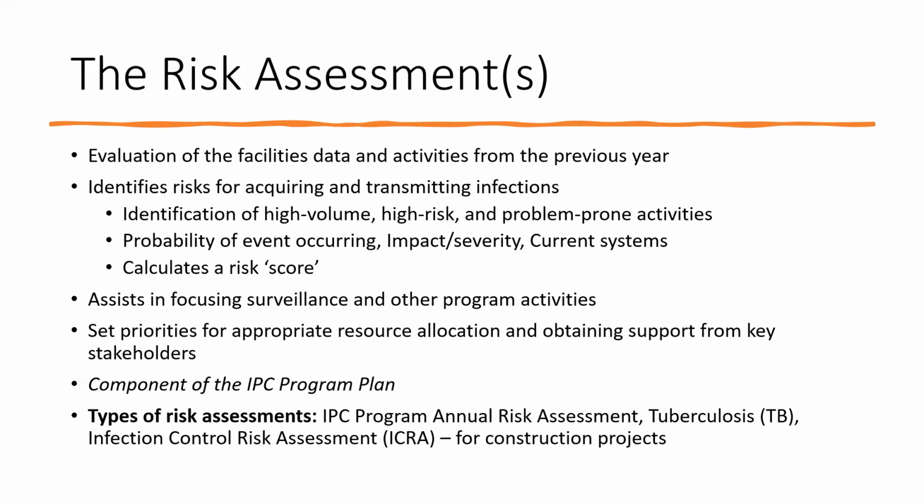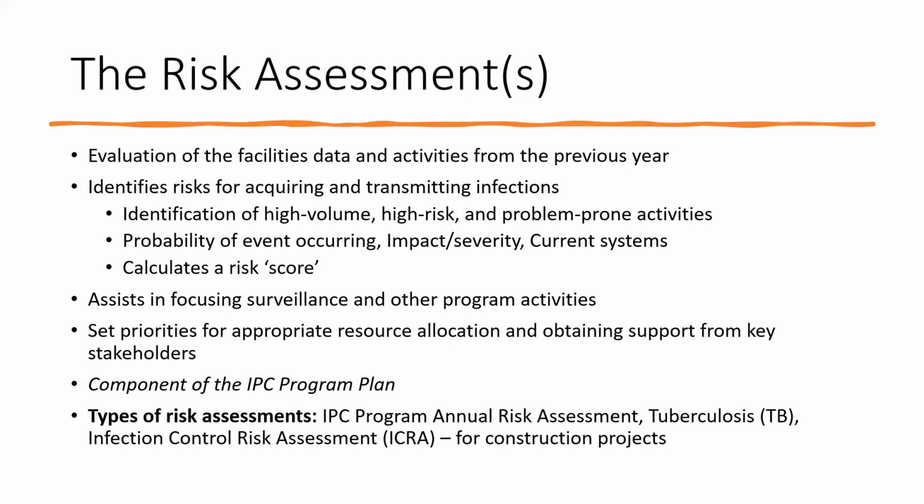It identifies risk for acquiring and transmitting infections. So it has a scoring system where you identify high volume, high risk, and problem-prone activities, the probability of an event occurring, impact, severity, and current systems. And then it calculates a risk score. The threshold is, I believe, 8.